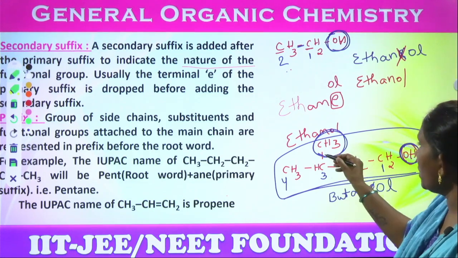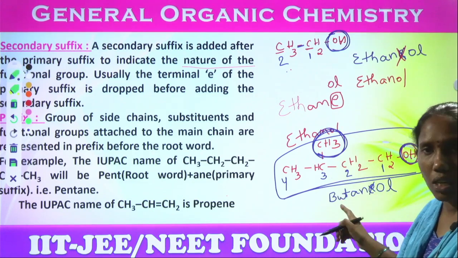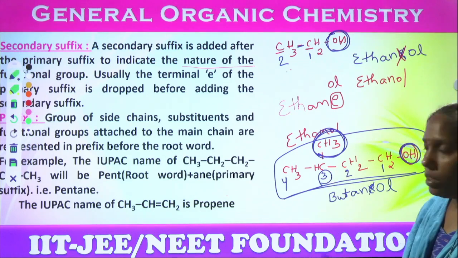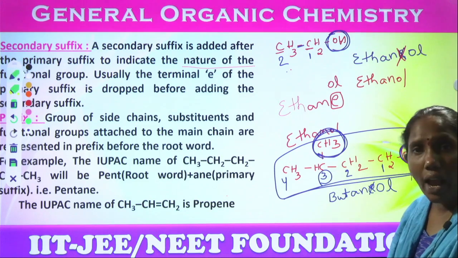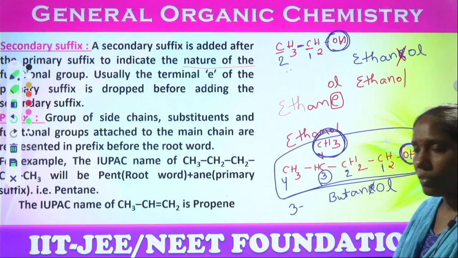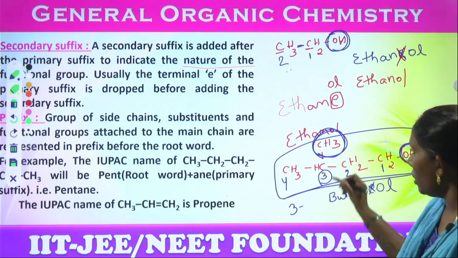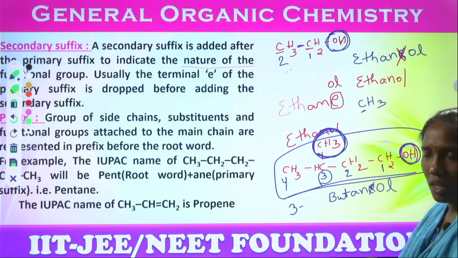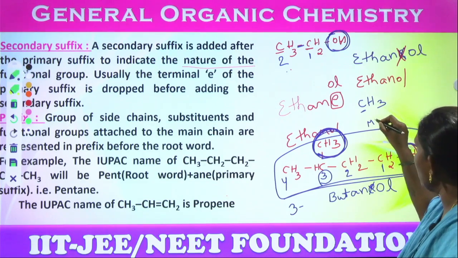But what about this CH3? Now this CH3 is present on the third carbon. This one we have to write as the prefix, 3, before the root word. CH3 is given. What is that? One carbon is there, so compulsorily it is meth.